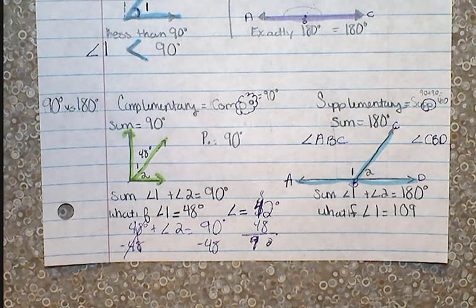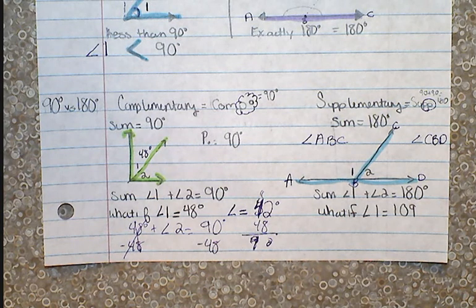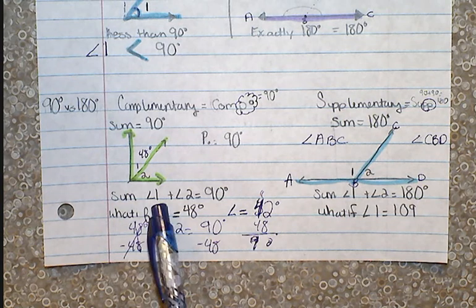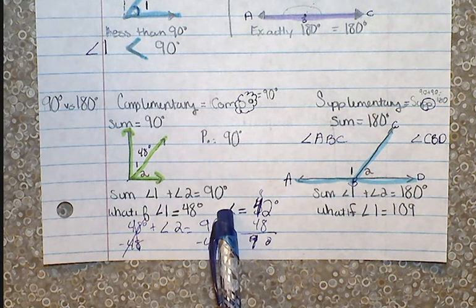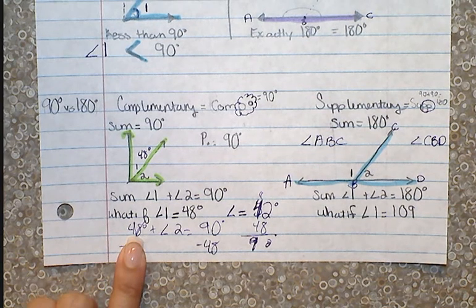So one thing you have to be able to do is find the measurement of the missing angle. Okay, so right here, I'm telling you the sum of angle 1 and angle 2 is 90. If you have two angles, when you add them together and they equal 90, what is that? Complementary or supplementary? Complementary. So if angle 1 equals 48, so 48 degrees plus angle 2 is 90, right?